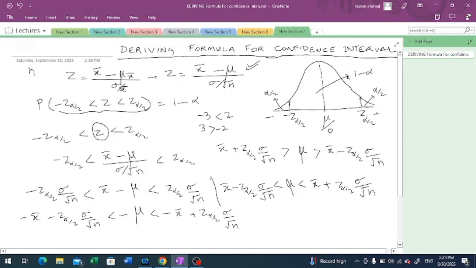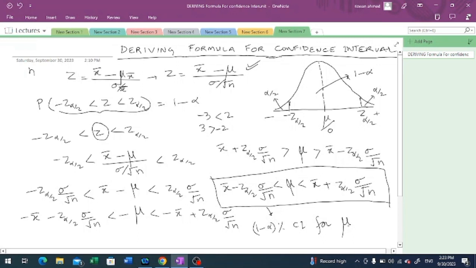So this is how we get the formula for confidence interval of population mean, and specifically we call it 1 minus alpha percent confidence interval, this is what CI stands for, for the population mean mu.